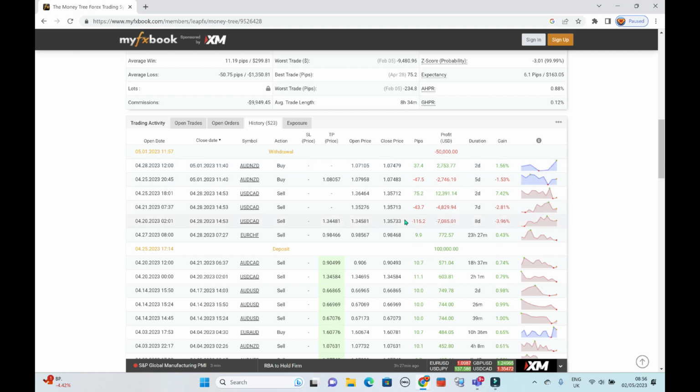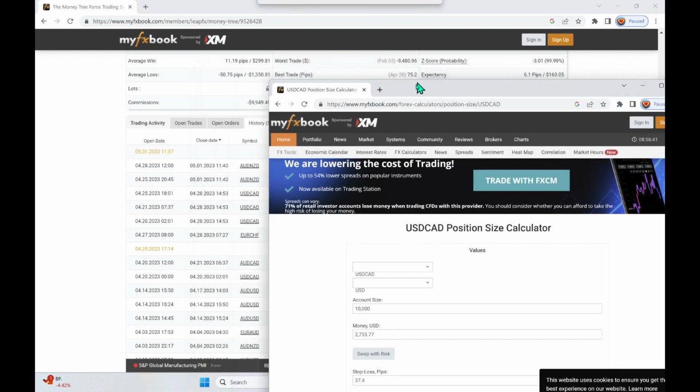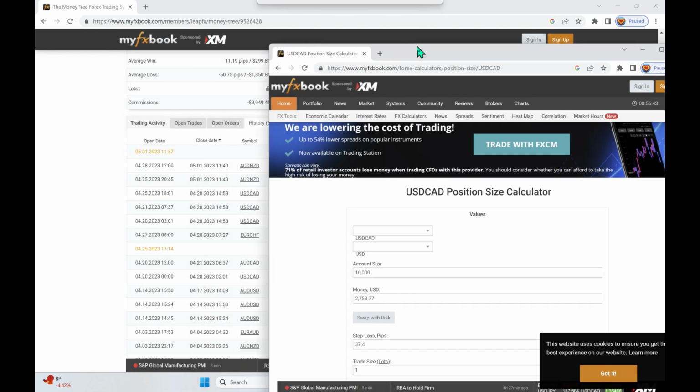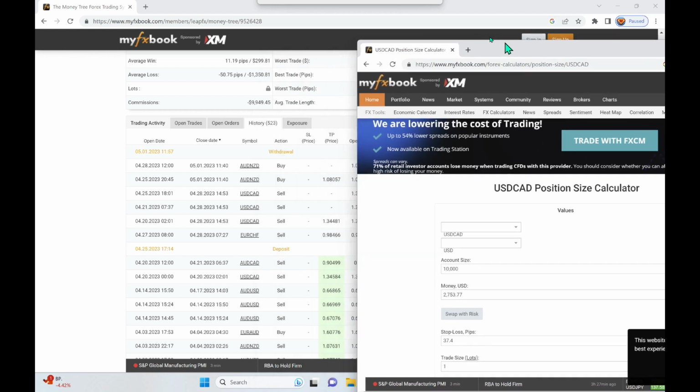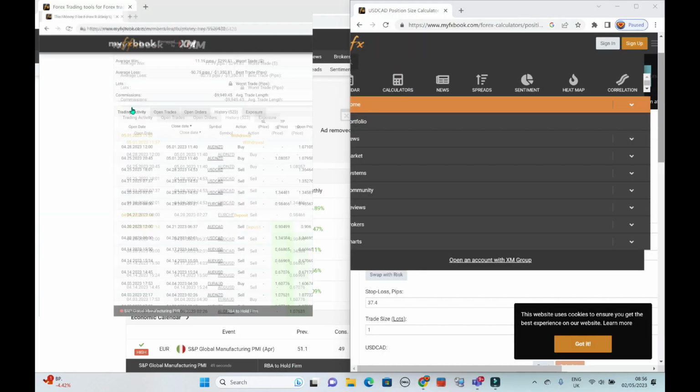What you don't see here is the lot size for the author's trades, but you can quickly work that out using this. I have this position size calculator, and you can work out the actual sizes. Let's see if I can do that here.